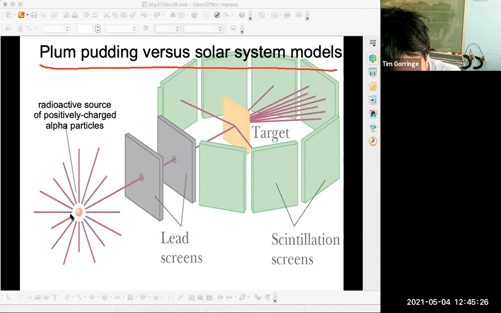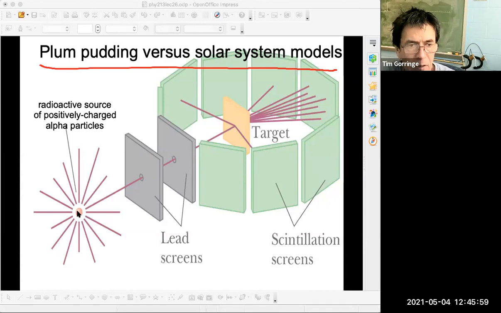So in this experiment, over here on the bottom left, there's a radioactive source. And this radioactive source produces a radiation that's called alpha particle radiation. Alpha particle radiation is radiation of heavy, positively charged particles that we call alpha particles.